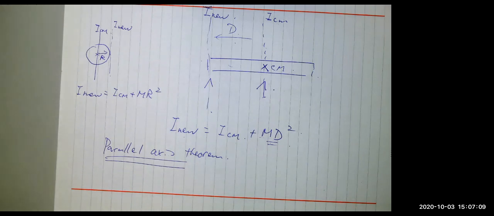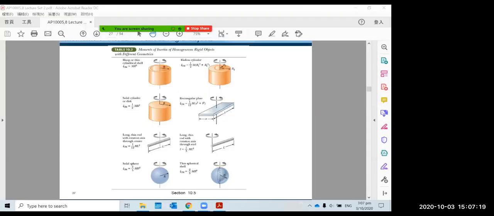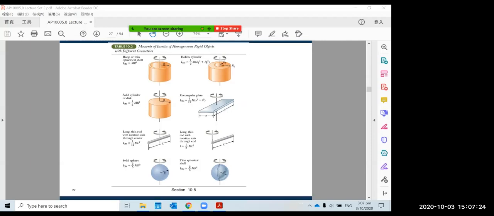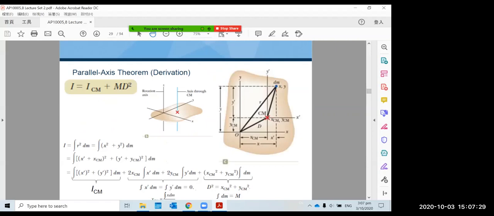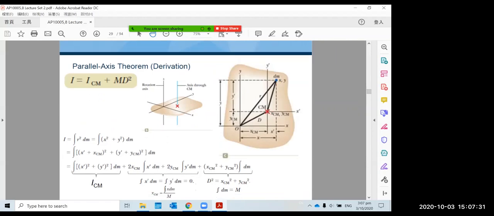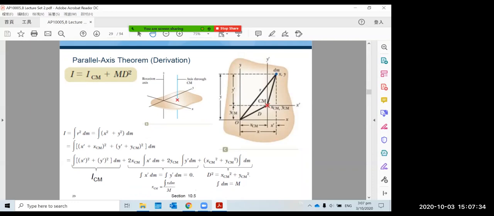The derivation for this parallel axis theorem can be found in your lecture notes, so I just go through it very briefly. Here is the derivation. The idea is like this.